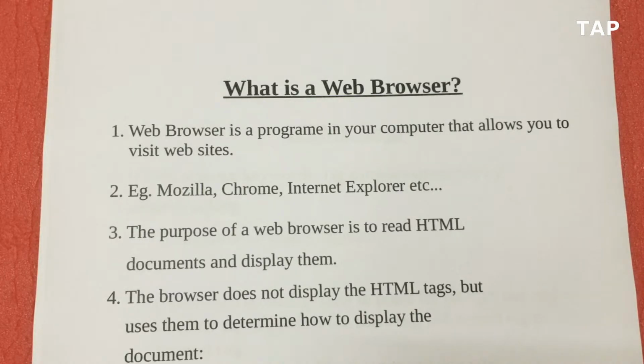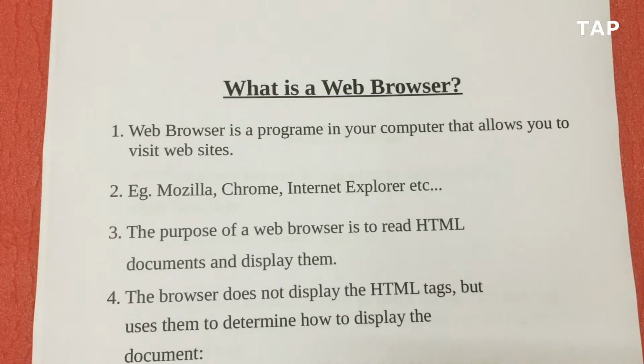Now you may be thinking that maybe the search engine where I am searching anything, that is my web browser. Say I am searching for the current affairs of some date or some year. That is your search engine. You are just searching something.